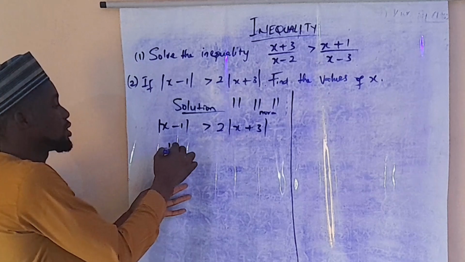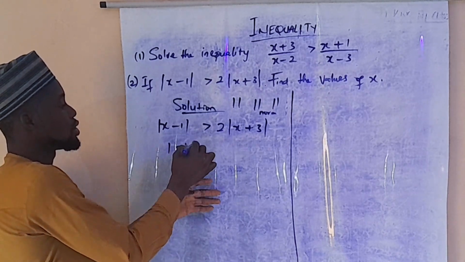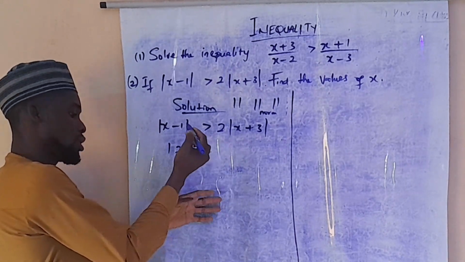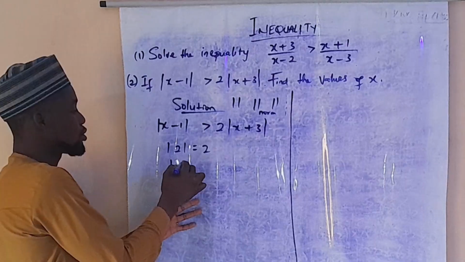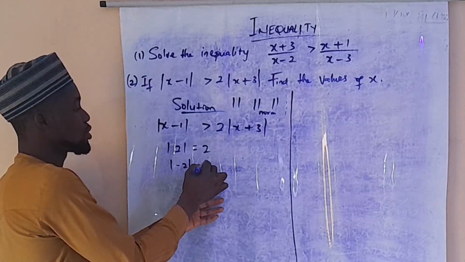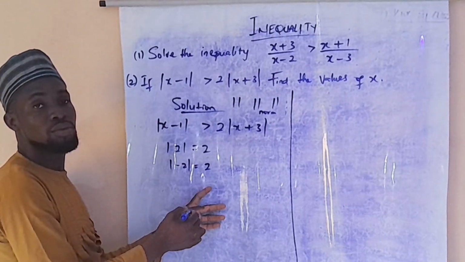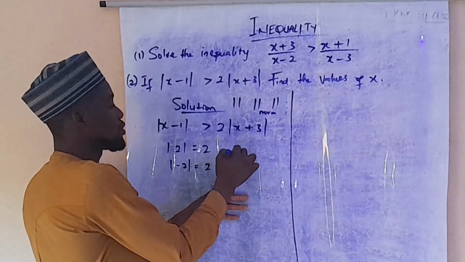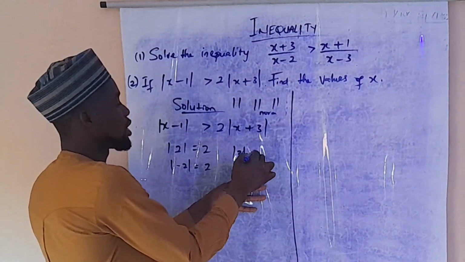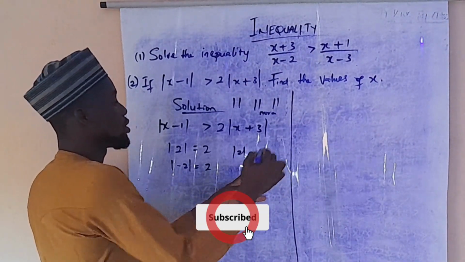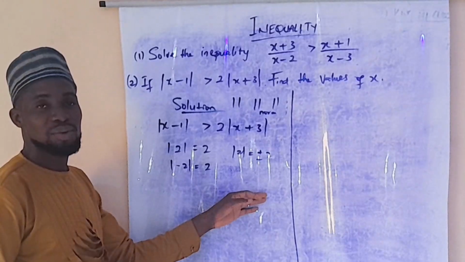Example, the absolute value of 2 is equal to 2. The absolute value of minus 2 is also equal to 2. So it means the absolute value of 2 is the same thing as plus or minus 2 altogether.